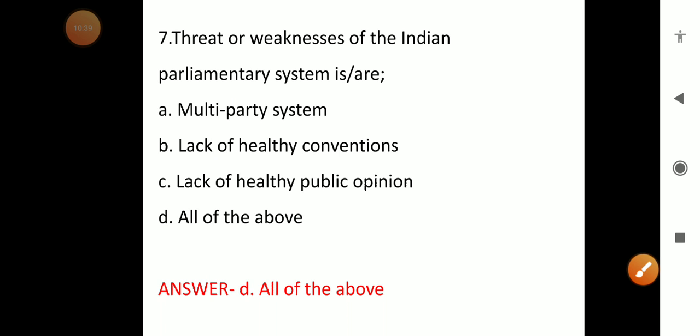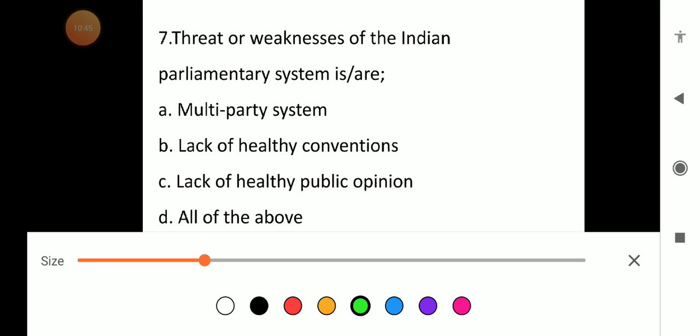Let's move to the next question. Threats or weaknesses of the Indian parliamentary system. What are the weaknesses? Multi-party system. Because of too many parties, for the last 30 years, no party got a majority. Only in the last Lok Sabha election did the BJP get a majority, though they have a coalition with almost 40 political parties.